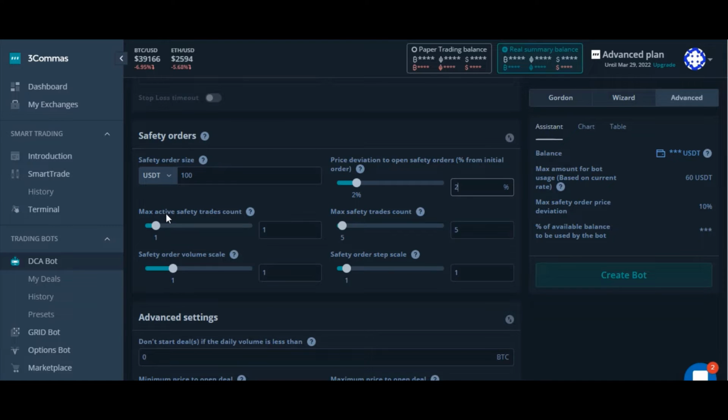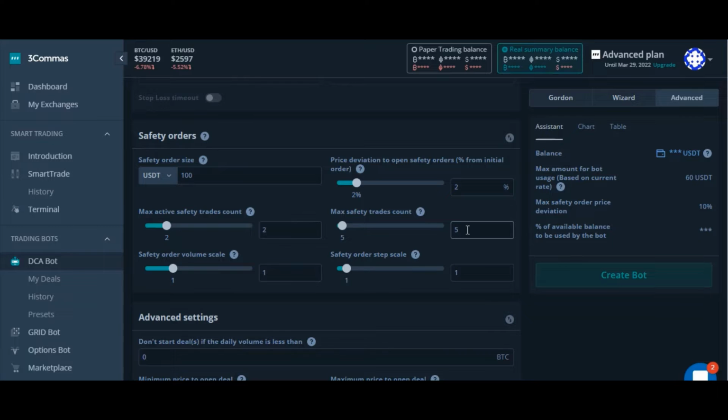So maximum active safety trades count, I just leave it at 2, means in the Binance order book, this will be there, and max safety trade count is 5, that means it will buy 5 times. So that means $100 base order and 5 safety orders, a total of 6, so $600.